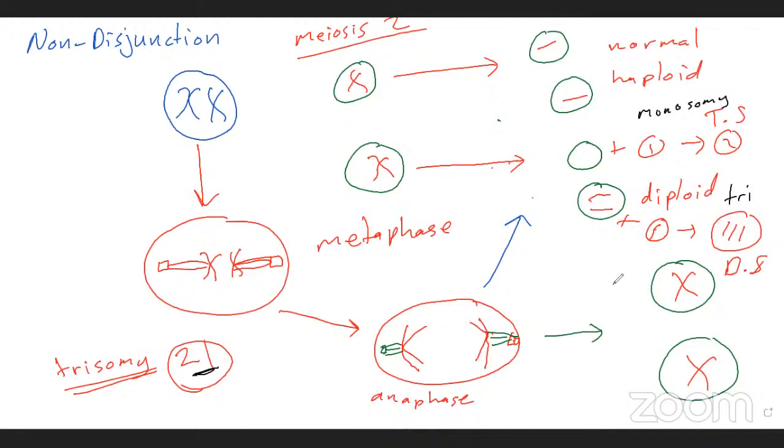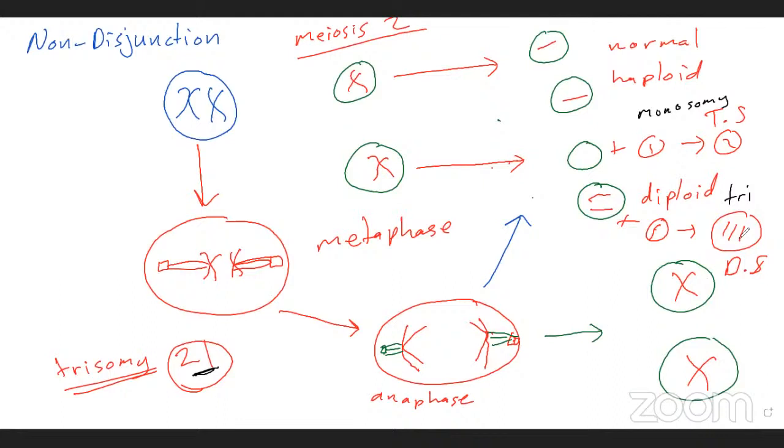So it's just 1 extra. With trisomy, you have 1 extra chromosome. Non-disjunction can lead to the cell having an extra chromosome or 1 less chromosome. With humans, we're supposed to have 23 pairs.